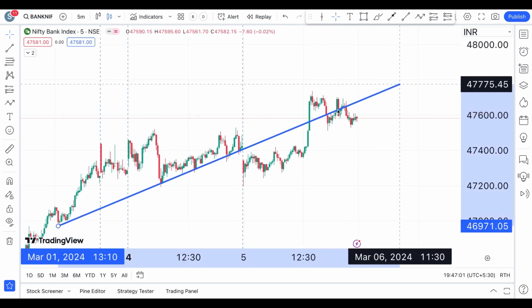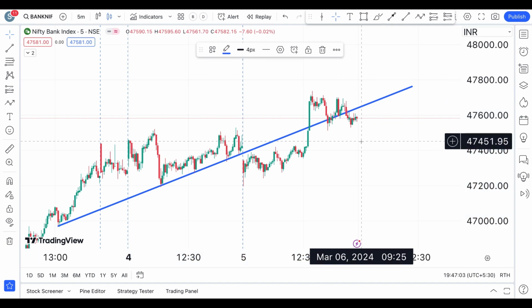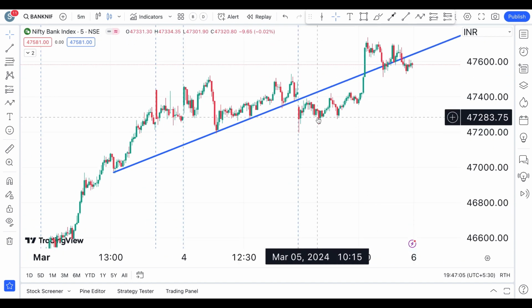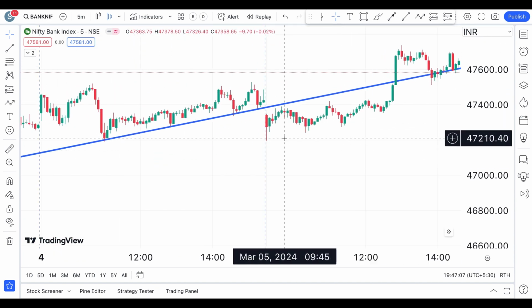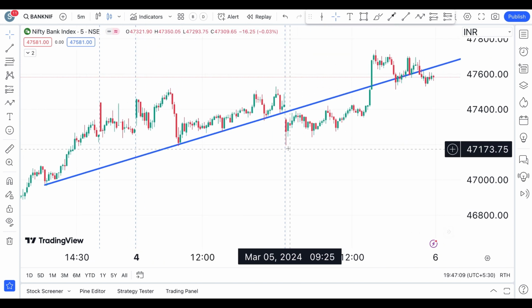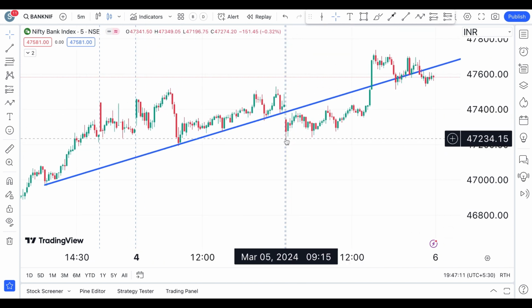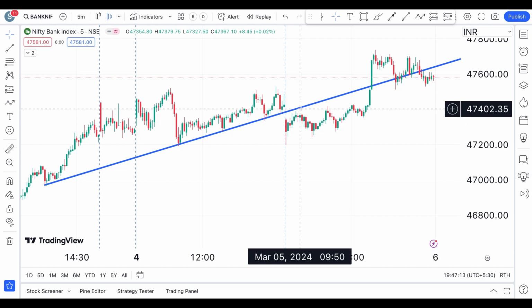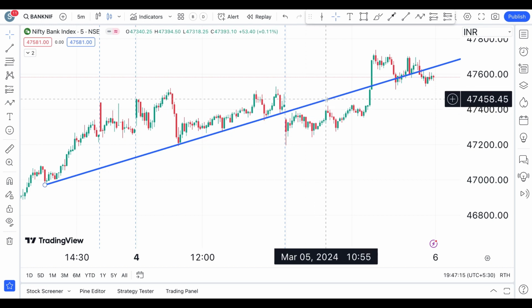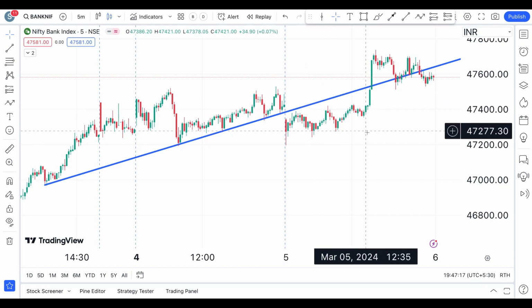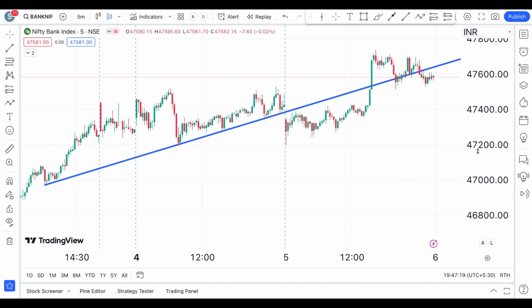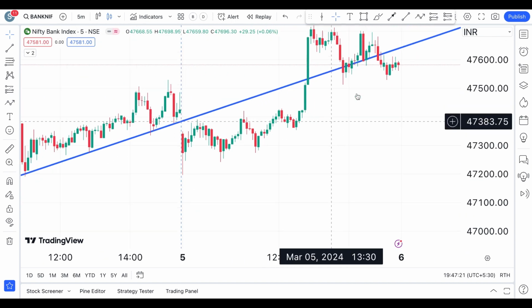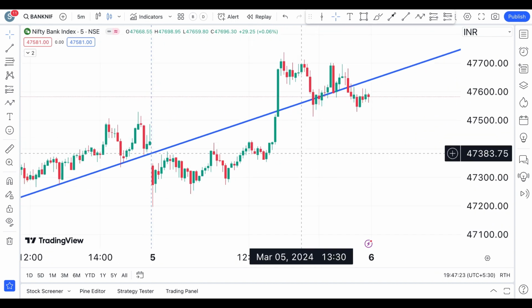If you extend that same line, then, as we discussed in yesterday's pre-market analysis video, if you see Bank Nifty opening under this and seeing a rejection from this line, then you can expect some downside momentum.